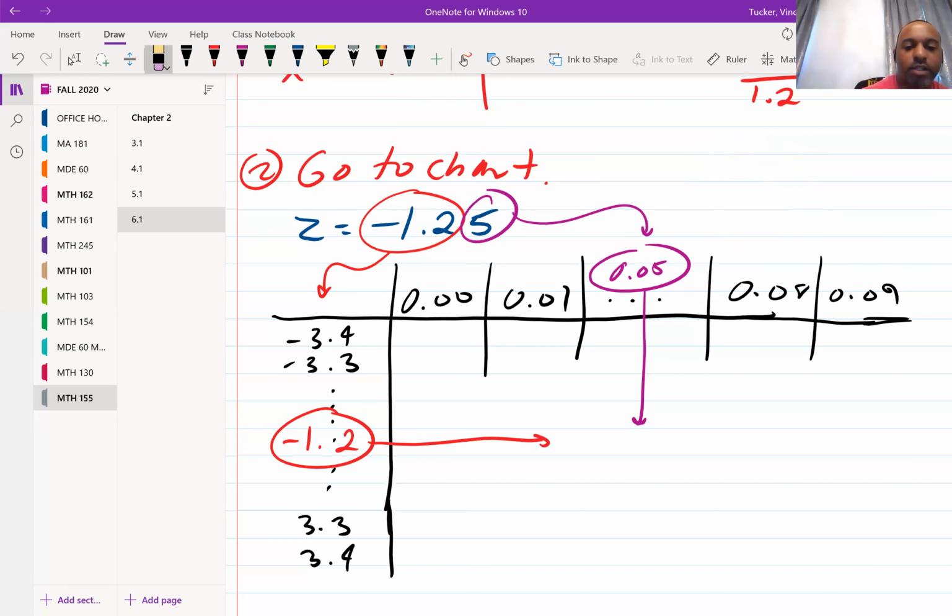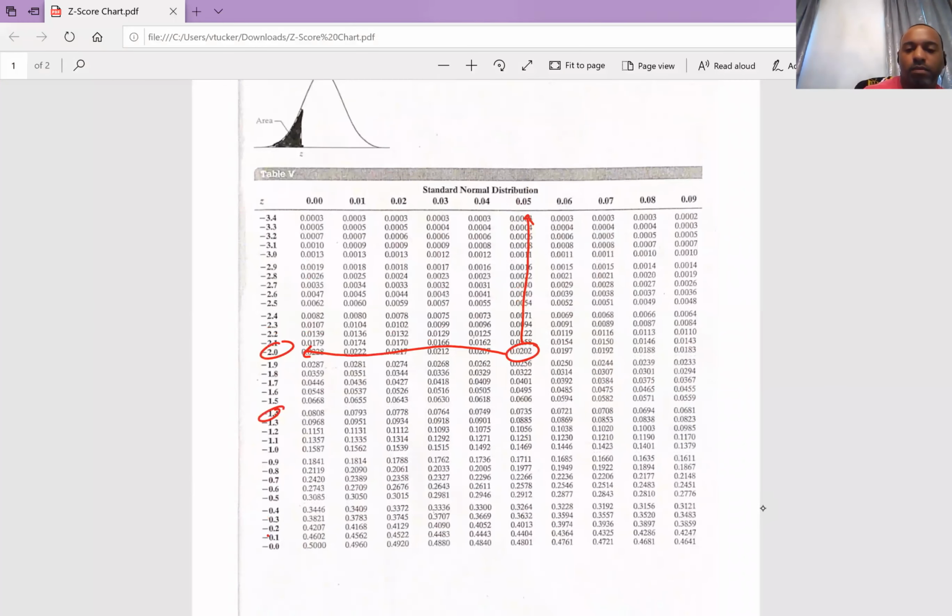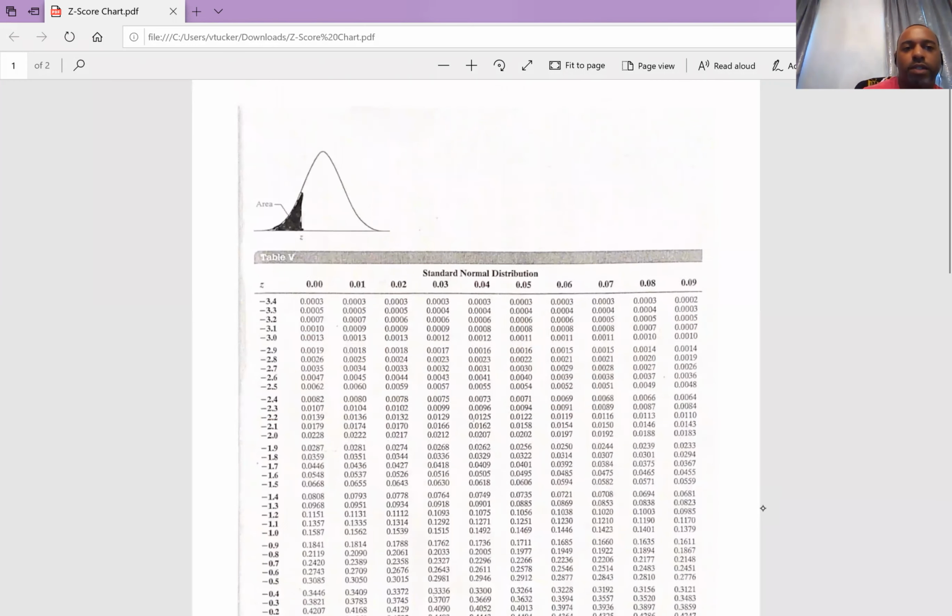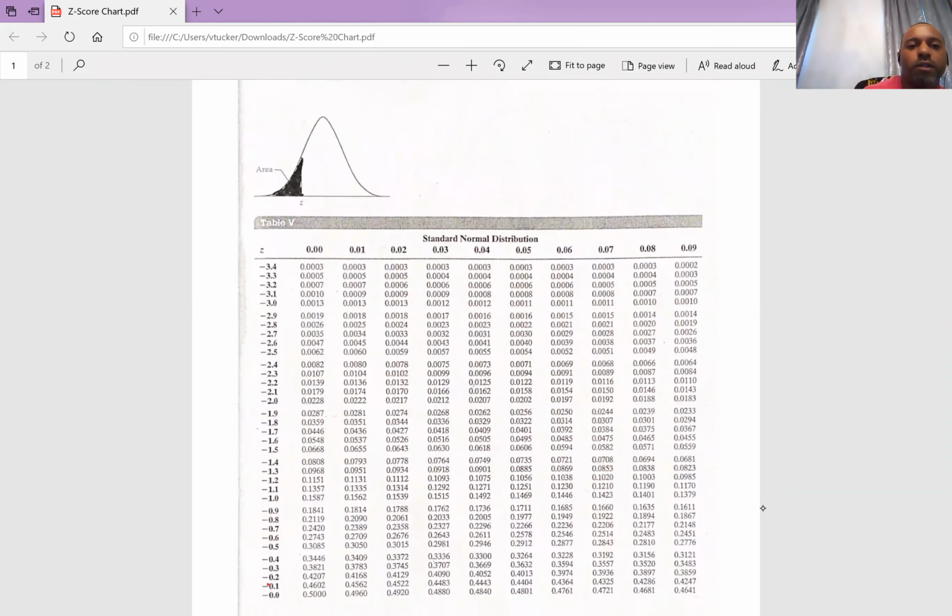All right, so this is the z-score chart. Make sure you all see the same thing.